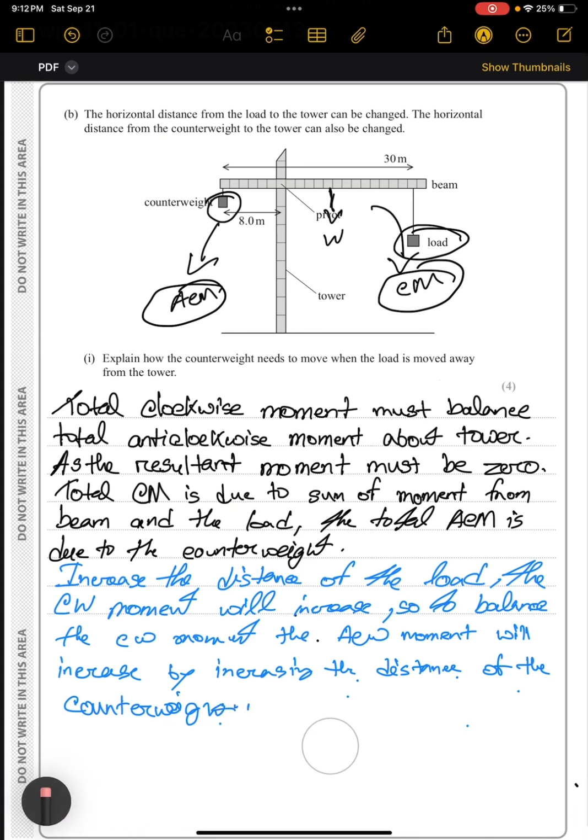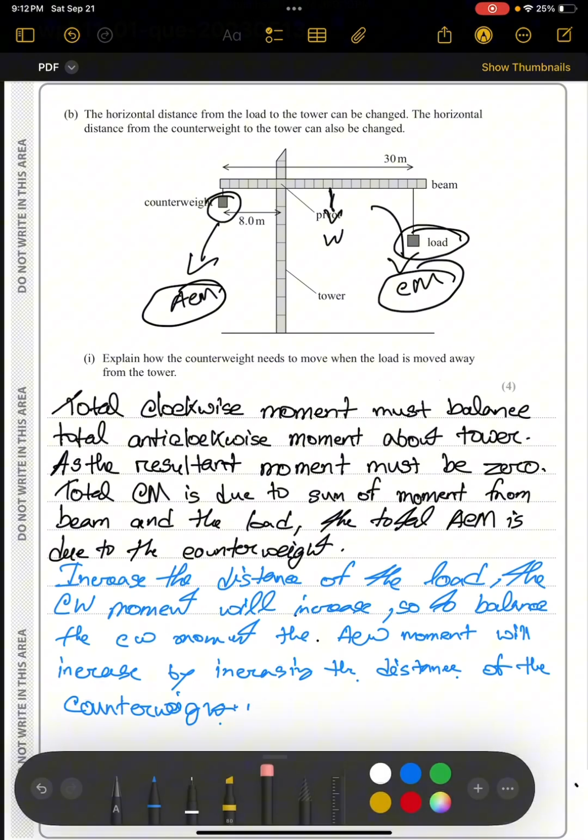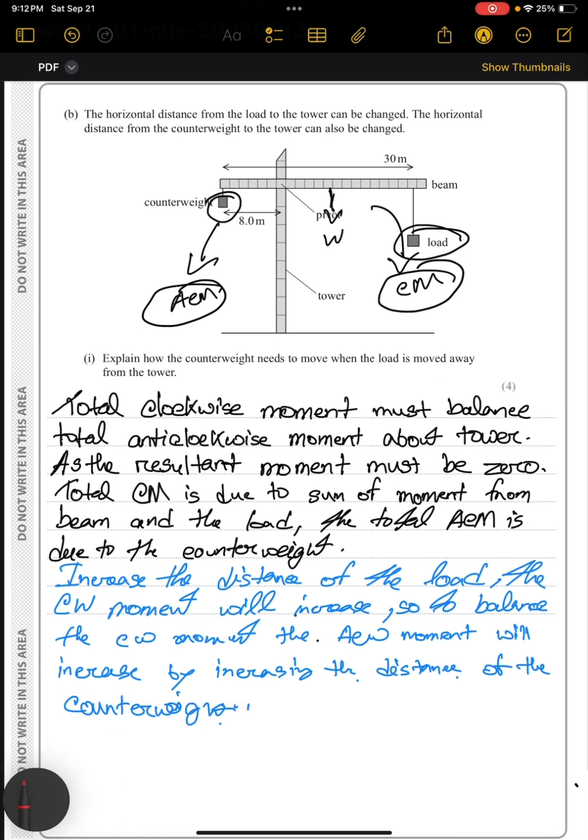So we are done. These are all the 4 points for overall 4 marks.